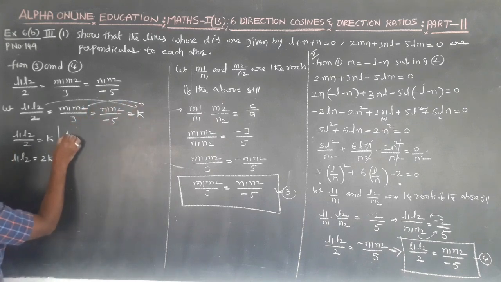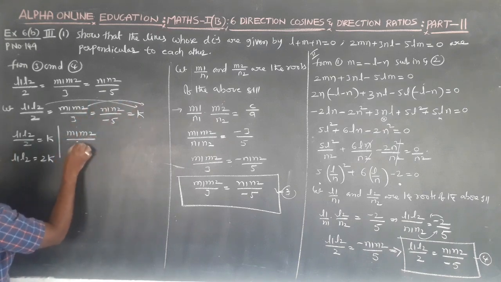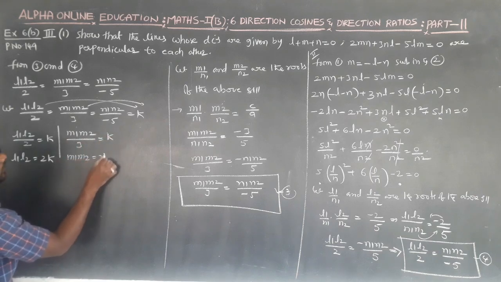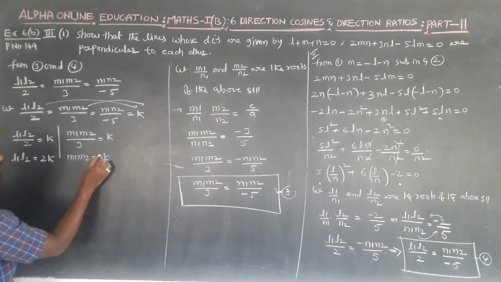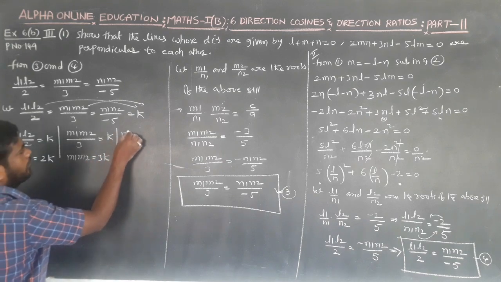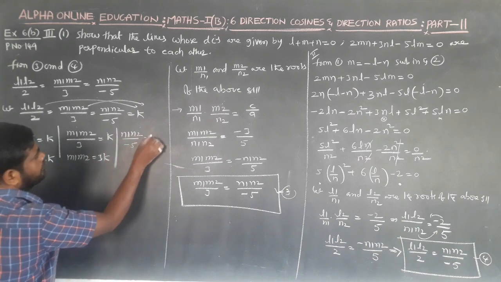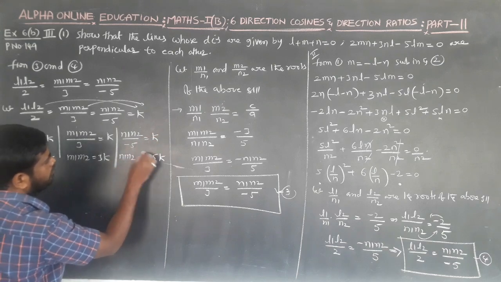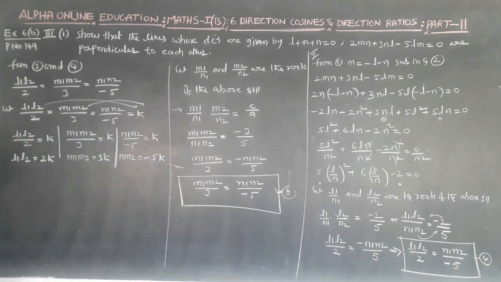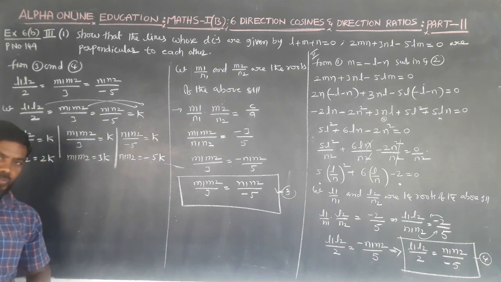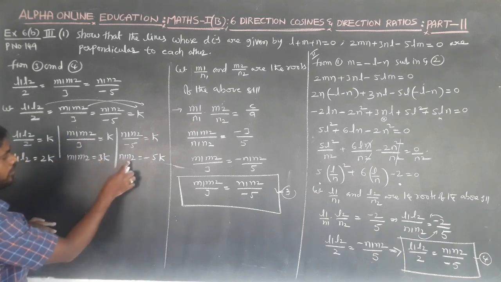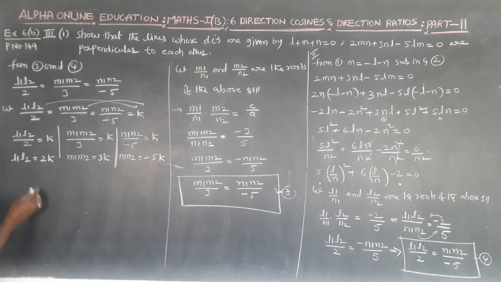Equating second and last, m1 m2 by 3 is equal to k, so m1 m2 is equal to 3k. n1 n2 by minus 5 is equal to k, therefore n1 n2 is equal to minus 5k. Here l1 l2 is equal to 2k, m1 m2 is equal to 3k and n1 n2 is equal to minus 5k.